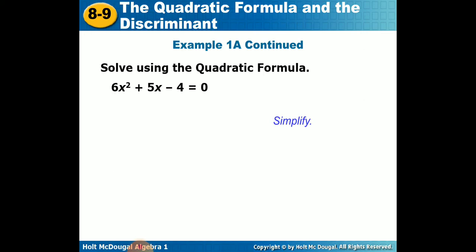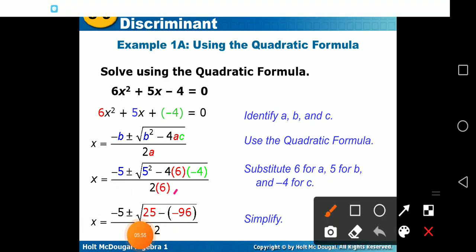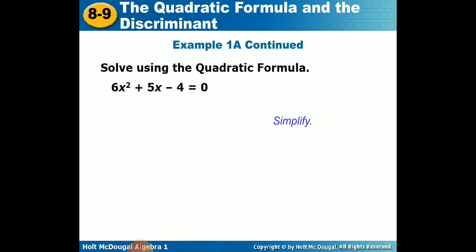Let's have another question. Solving this with the quadratic formula, I need to get the value of x. The same one, I reached until this: negative 5 plus or minus the square root of 25 minus negative 96, all over 12. Negative times negative is positive, so 25 plus 96 under the square root.